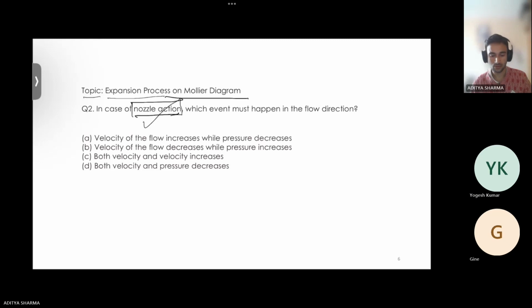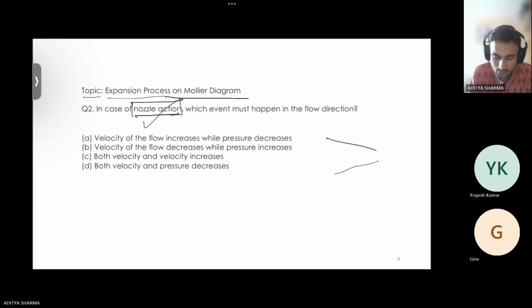Sir, option A. Option A. All right. And what does Ginny say? Option A. All right, so you both are correct. This has already been discussed.